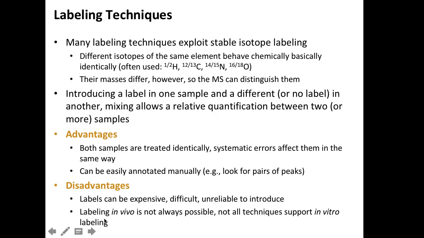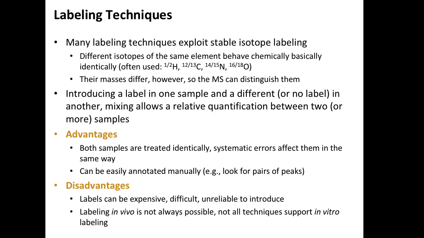So by labeling, we usually mean labeling with heavier isotopes, stable isotopes. So we integrate additional heavy atoms like deuterium or heavy carbon, nitrogen or oxygen, and they have different masses, and we use this mass difference to keep two samples apart, or more than two, multiple samples apart.